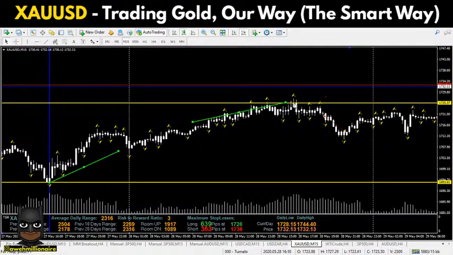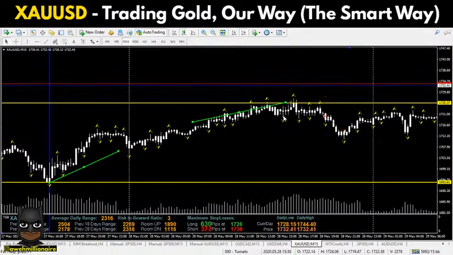So already in advance, we know price is approaching a supply level, which is a level of interest for the banks. You don't care what the amateur traders are thinking. You want to think like the banks, because if you think like the banks, you stand a higher probability of profiting in the market. So over here, price came and tested the supply level.